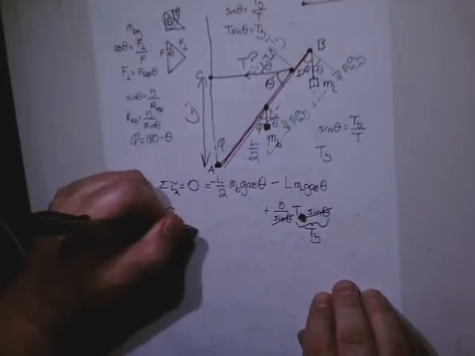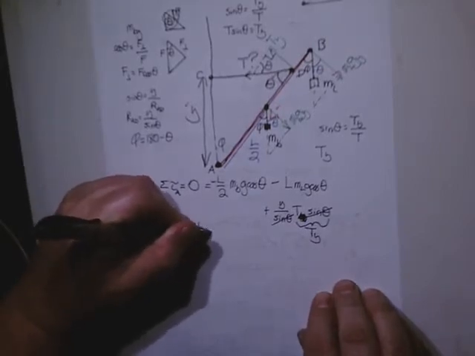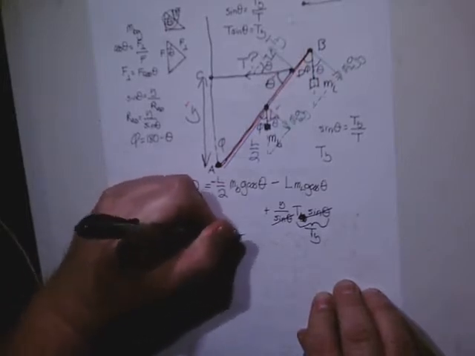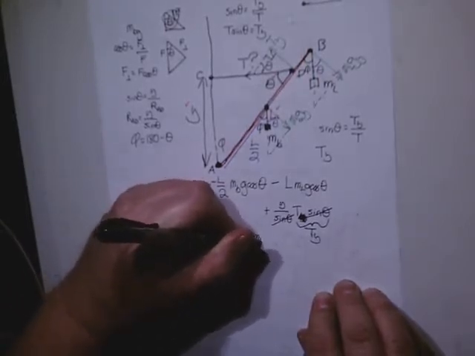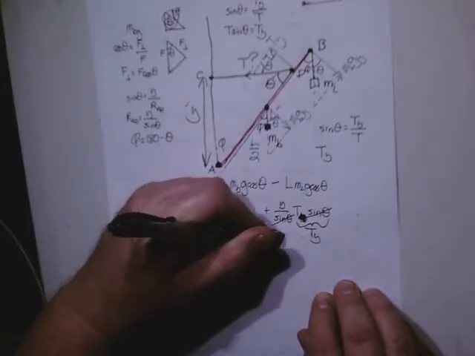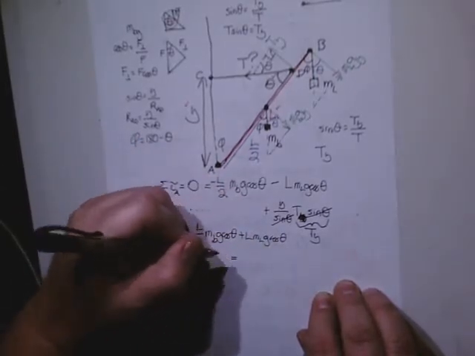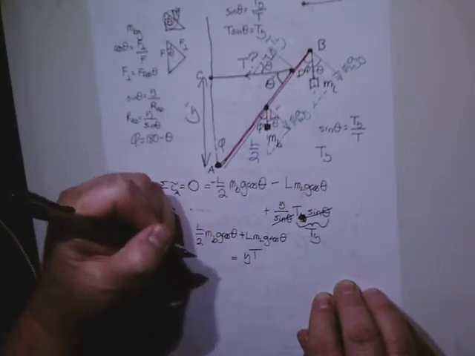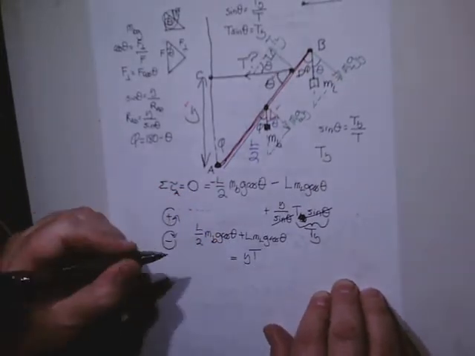Now solving for T, L over 2 m_b g cosine theta plus L m_l g cosine theta is equal to yT, and that's it.